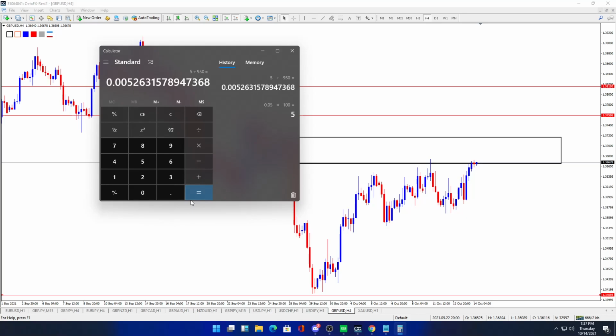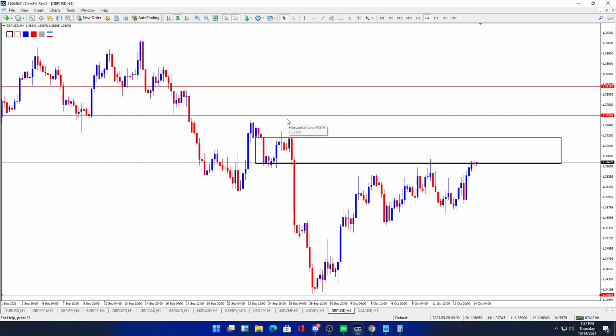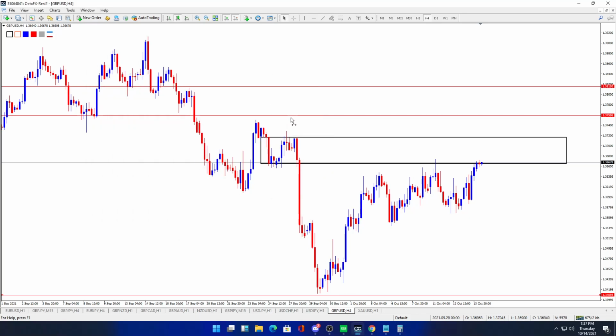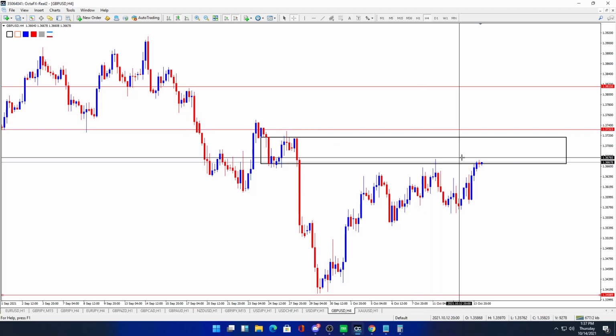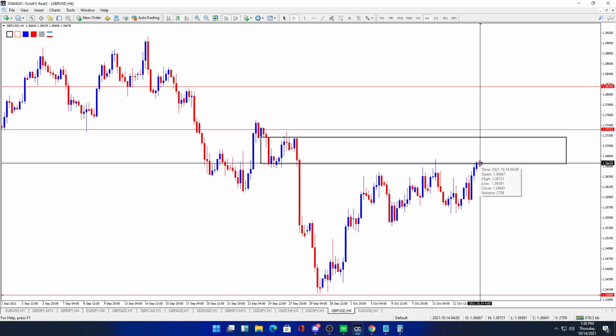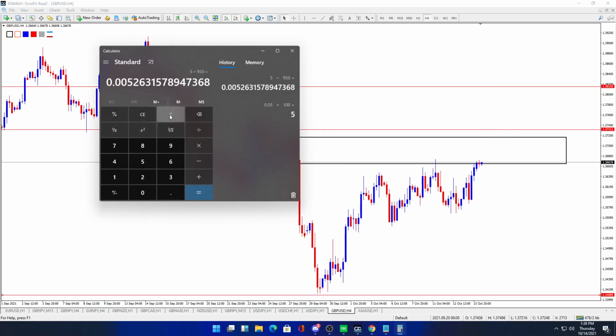If this happens, you can drag your SL lower. You can drag here. So it is around 66. We will calculate back. Times hundreds.